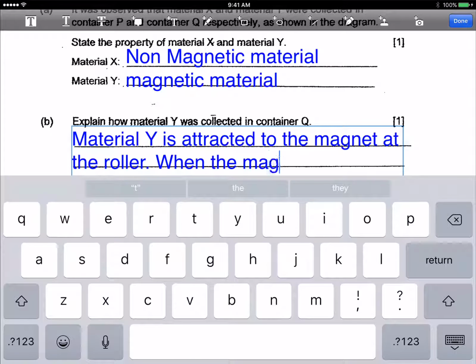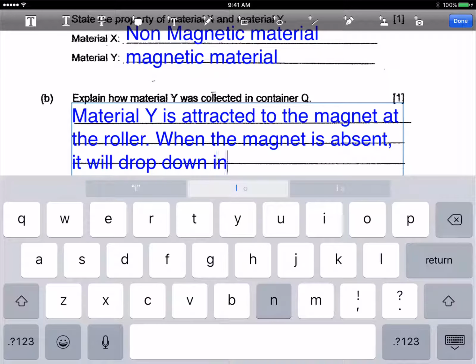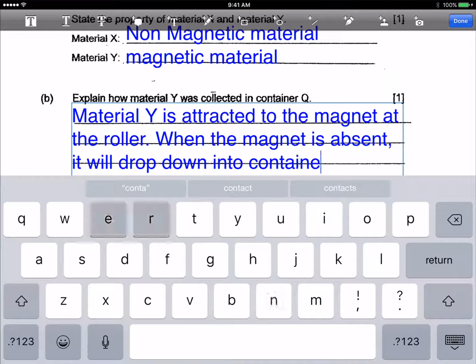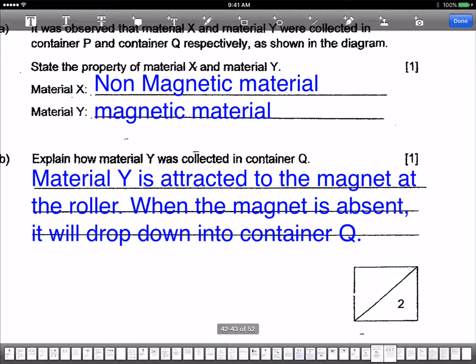When the magnet is absent, it will drop down into container Q. Right, so it's about magnetic attraction. That's straightforward.